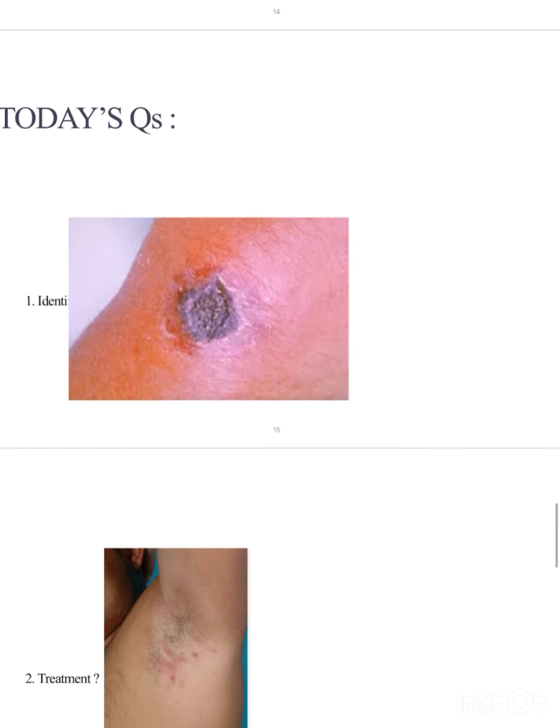Then today's questions are quite tricky and I want you to focus and answer in the comment box. Just remember that I have not given any direct question. I want you to identify the lesion and then give me the correct answer. So first of all, what is this lesion? I'll give you a clue for every question.